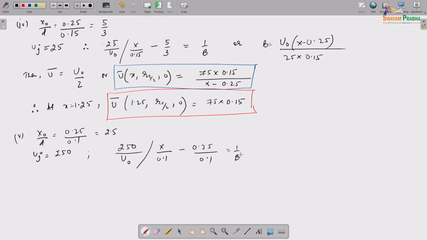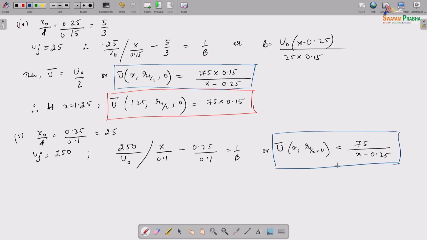So u mean at x, r half is equal to this.